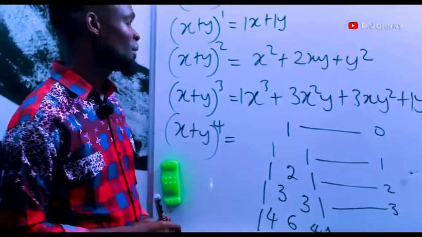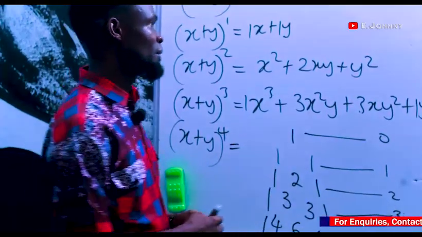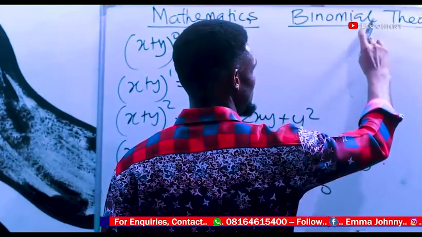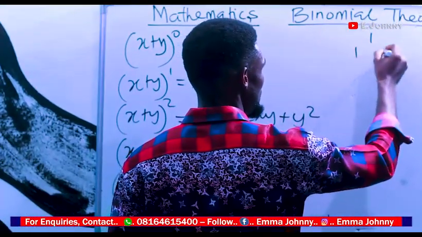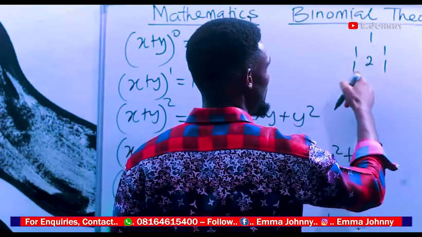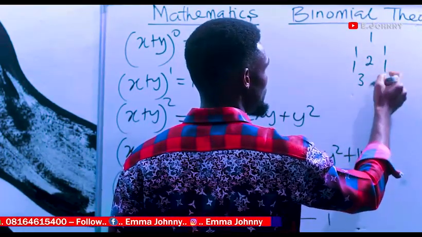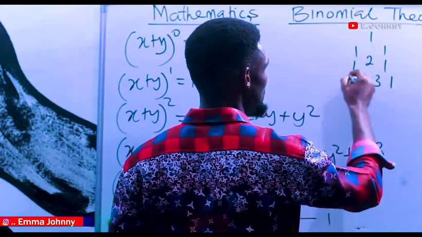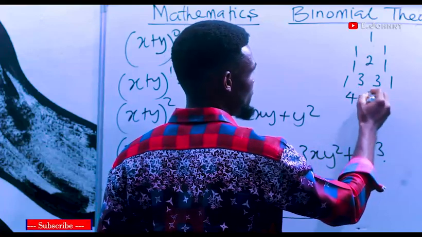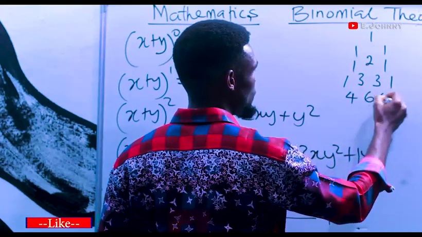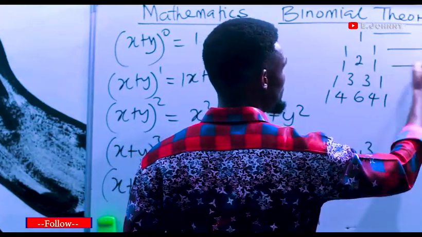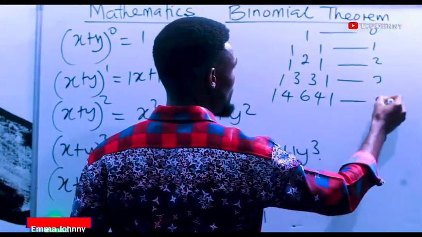So Pascal came up with a triangle, called Pascal's triangle: 1; 1, 1; 1, 2, 1; 1, 3, 3, 1; 1, 4, 6, 4, 1. This is for power 0, power 1, power 2, power 3, power 4.